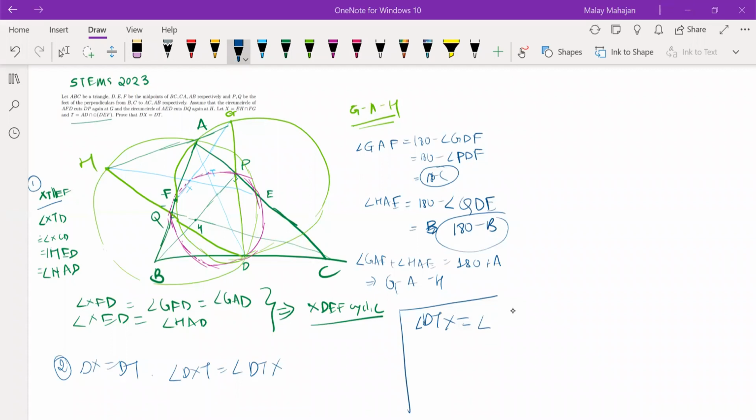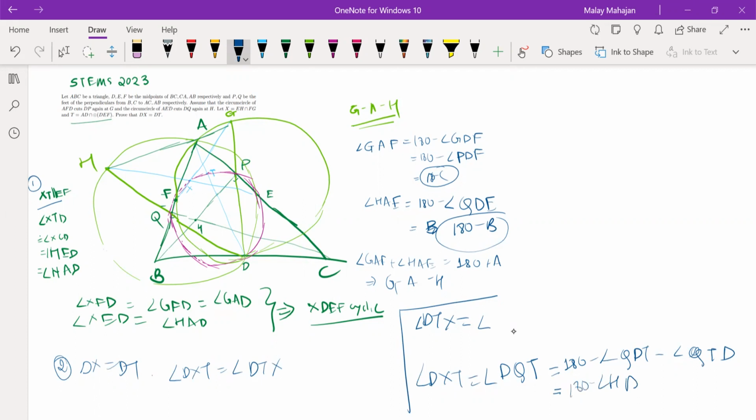But anyway, angle DXT is angle DQT, which is 180 minus QDT minus QTD. Angle QDT is HDA.